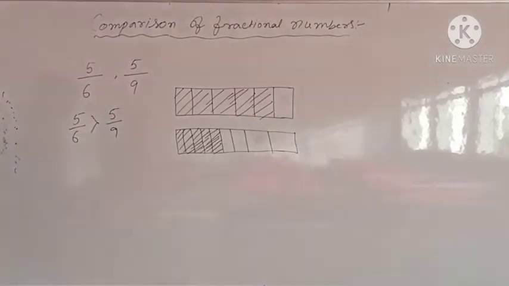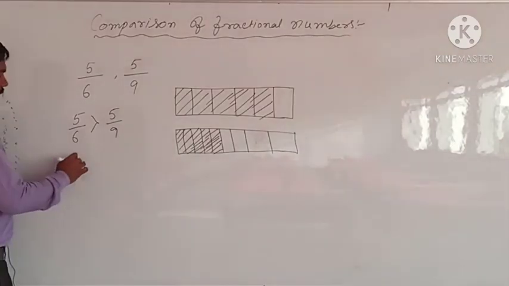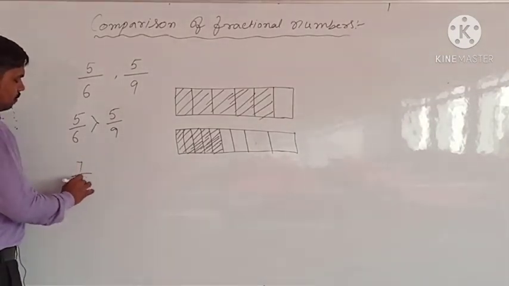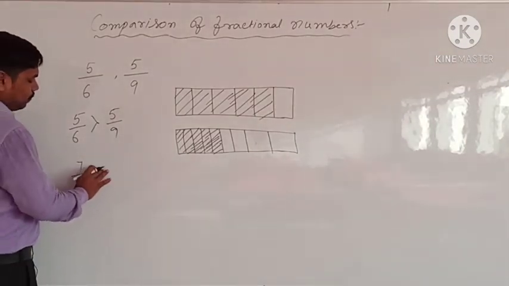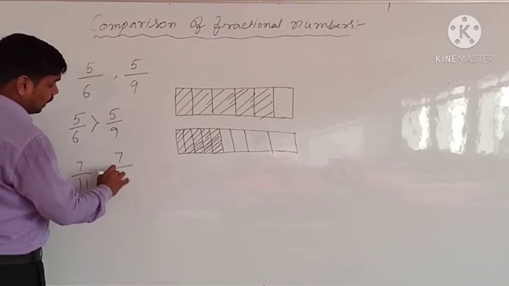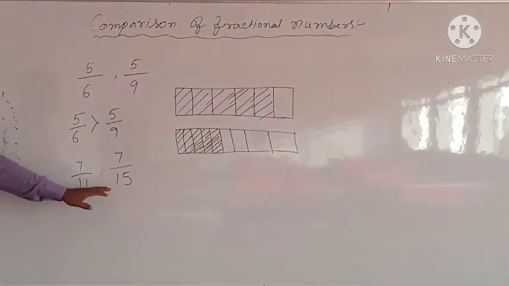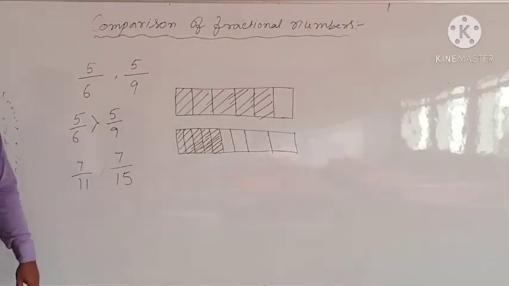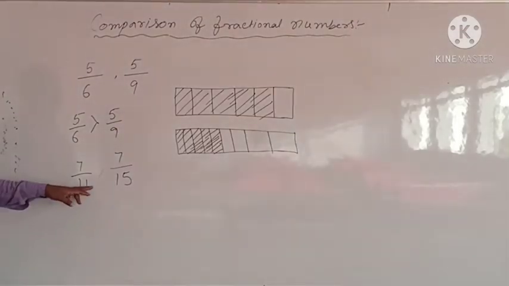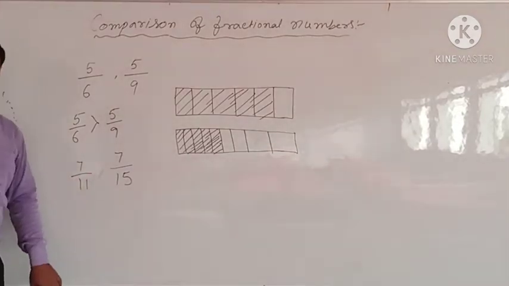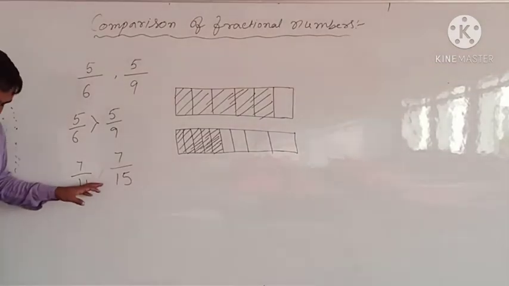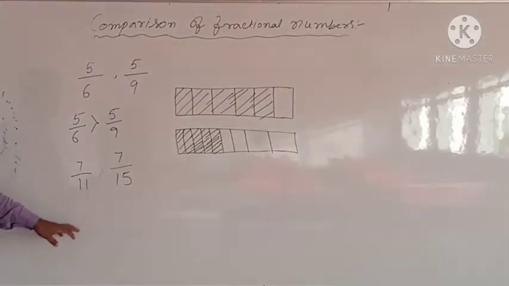क्या आप इसी तरह से बता सकते हो? अगर हम एक नंबर देते हैं 7/11 and 7/15, so among these two numbers which one will be greater? Yes, definitely the number with the less denominator value, जिस नंबर का डिनोमिनेटर का वैल्यू लेस होगा that number will be greater.